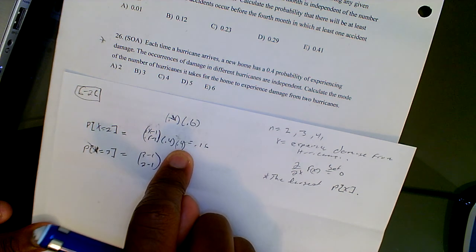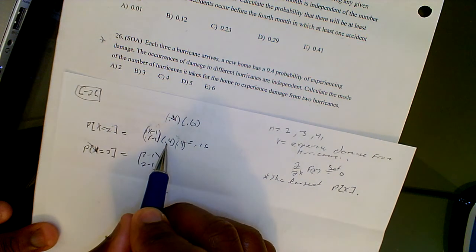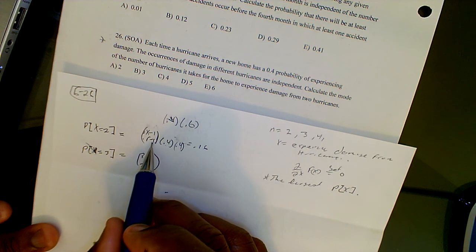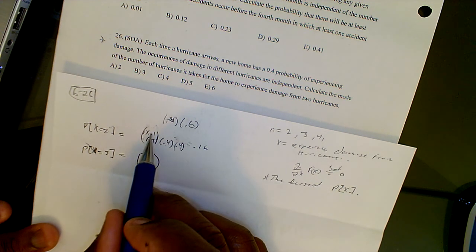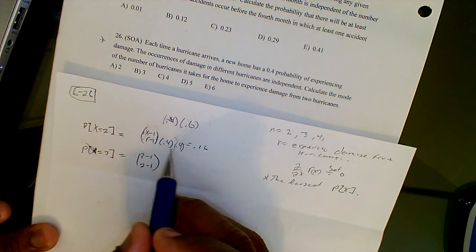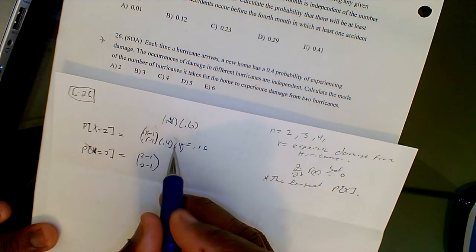That's how the combination works: I experience whatever I need before, so it's always one less. That's why we get this minus one here. We already experienced this combination where it's just one less.